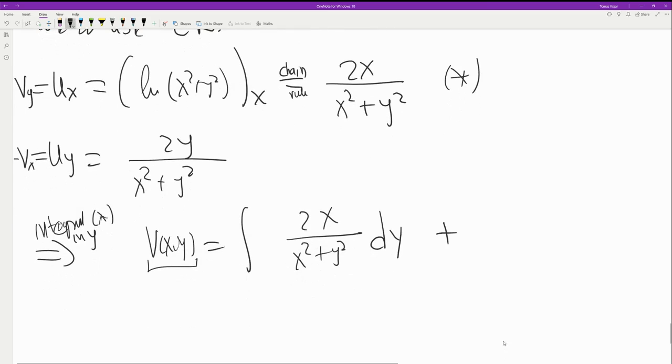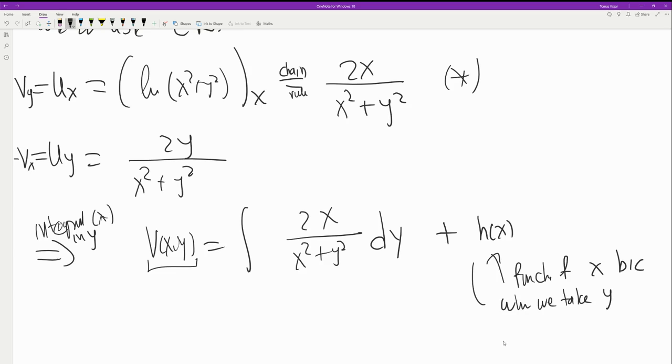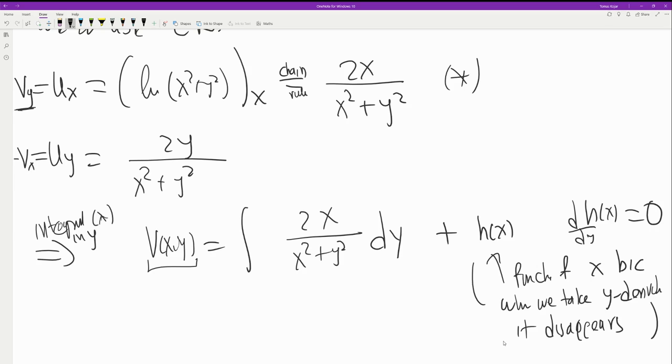And remember your constant, but this constant will be a function of x, because when we take the y derivative, it disappears, right? So d dy of h of x is 0.